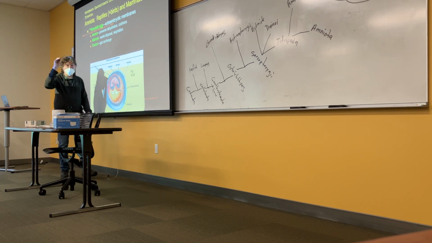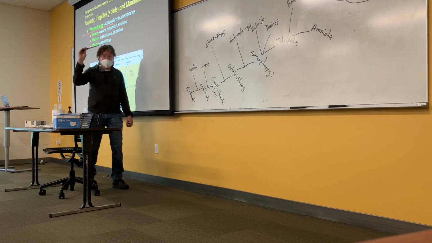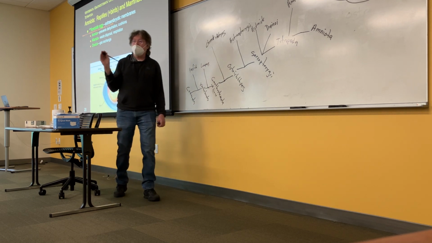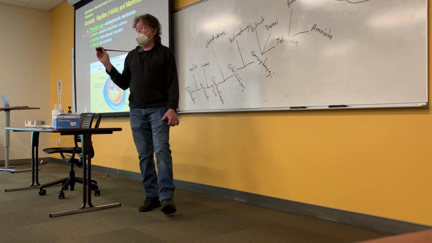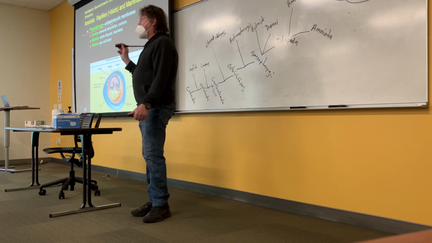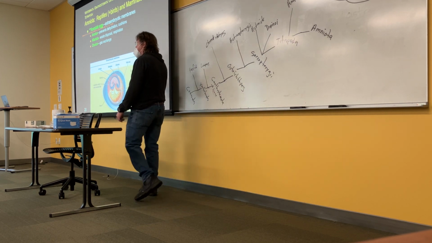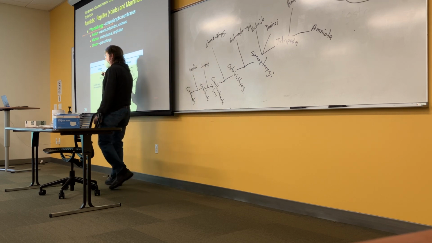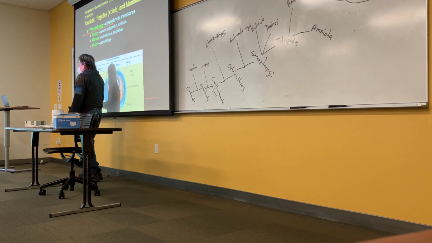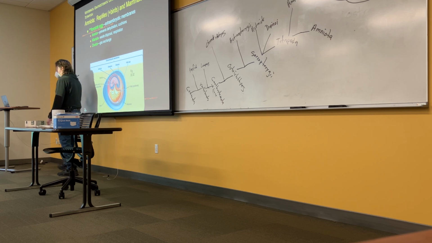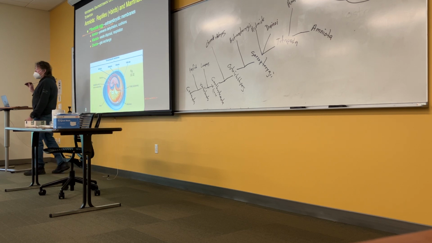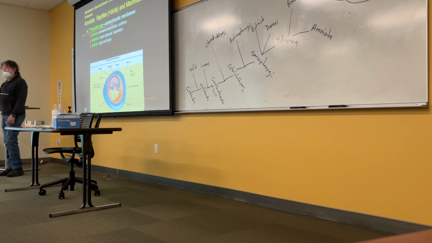Now, usually the major type of waste is nitrogenous from the breakdown of proteins. We produce ammonia. Ammonia is highly toxic, okay? So the amine groups of proteins are cleaved off, it forms ammonia, and that's not a problem for anything that's developing in water, because ammonia is very, very soluble. It just diffuses away into the pond or into the river or into the ocean.